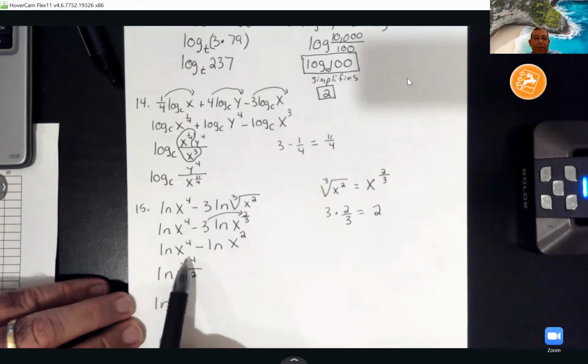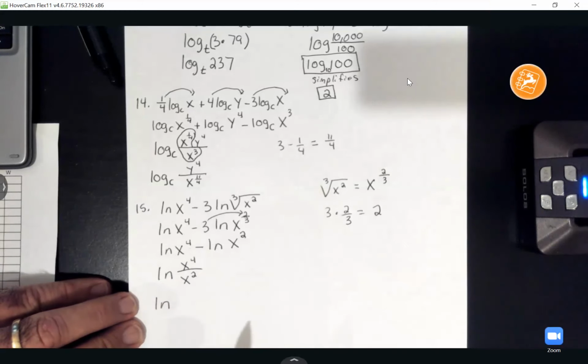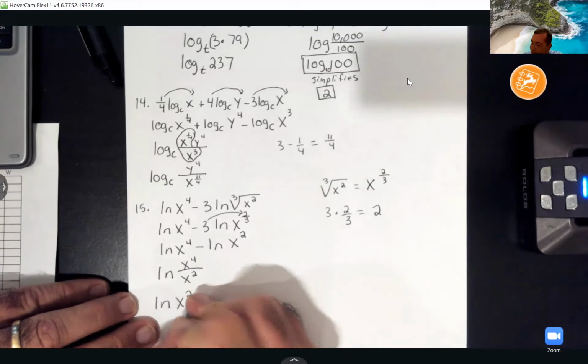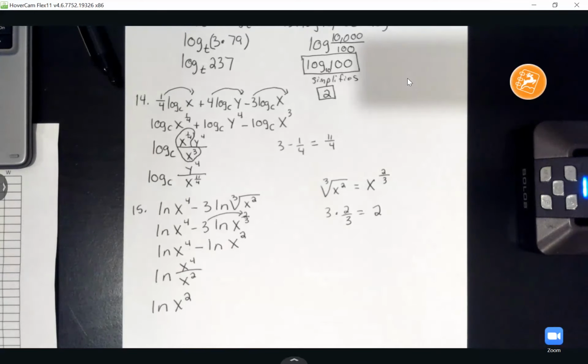So y'all need to simplify that x to the 4 divided by that x squared. What will that leave me? X to the second. All right. I got me a single logarithm. So guess what? That's the final answer.